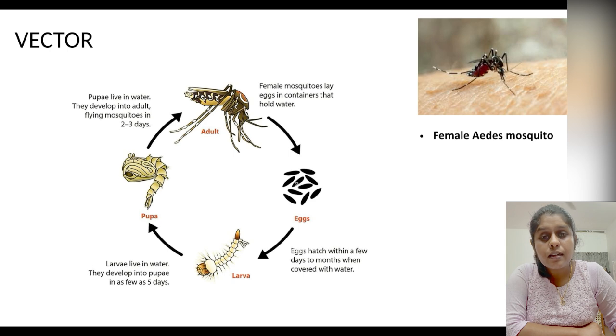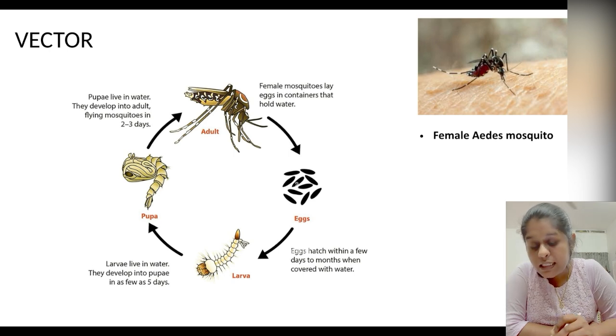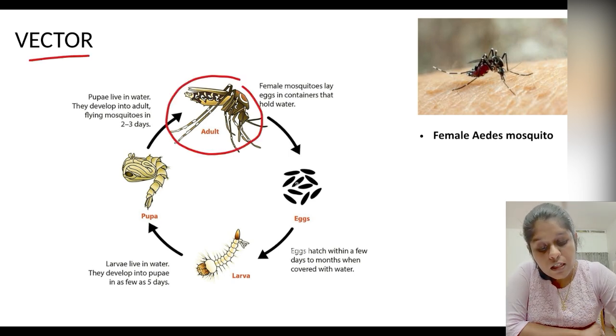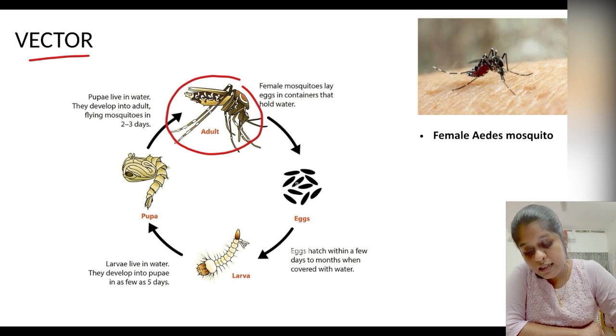So coming to the mode of transmission, this is a vector-borne disease caused by a female Aedes mosquito. This Aedes mosquito can be Aedes aegypti or Aedes albopictus. Aedes aegypti is the most common one seen in urban areas. A female mosquito will lay eggs in containers that hold water.